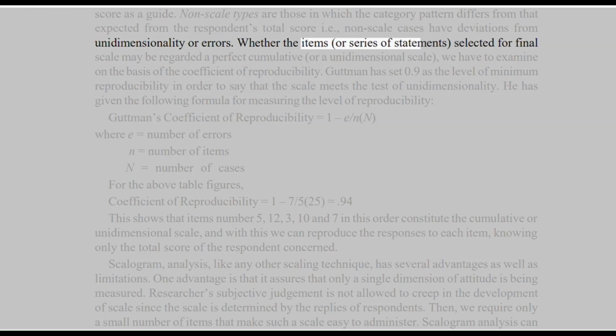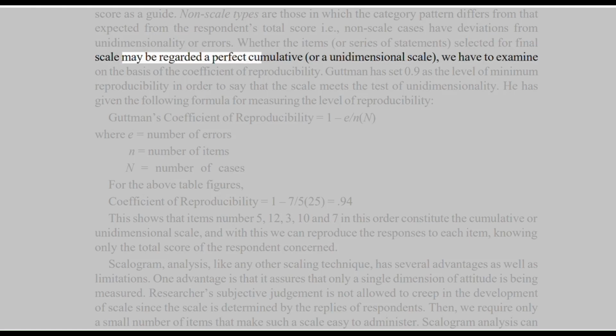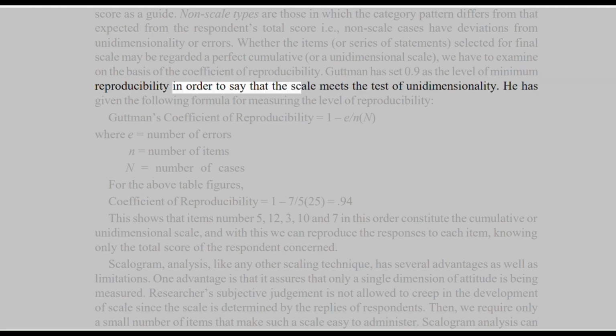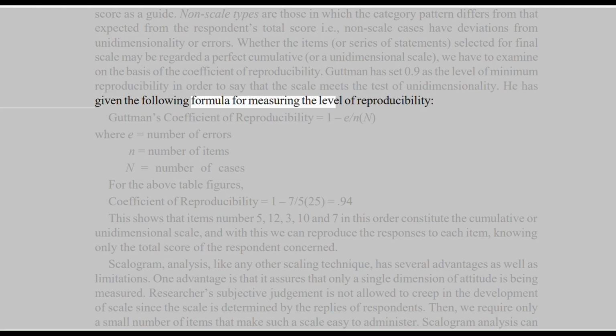Whether the items or series of statements selected for the final scale may be regarded as a perfect cumulative or unidimensional scale, we have to examine on the basis of the coefficient of reproducibility. Guttman has set 0.9 as the level of minimum reproducibility in order to say that the scale meets the test of unidimensionality. He has given the following formula for measuring the level of reproducibility.